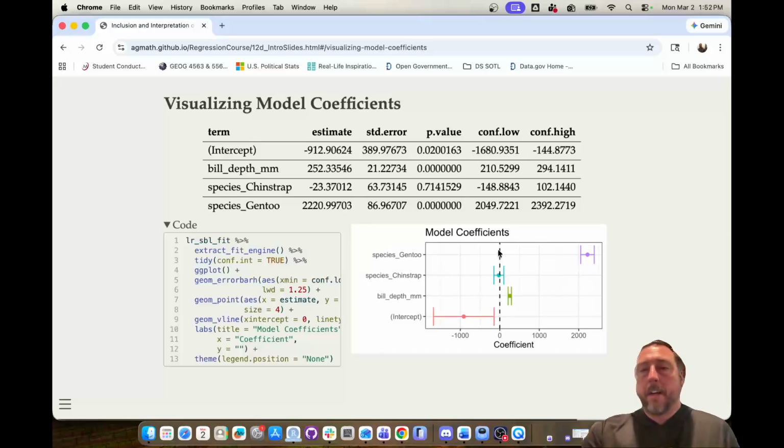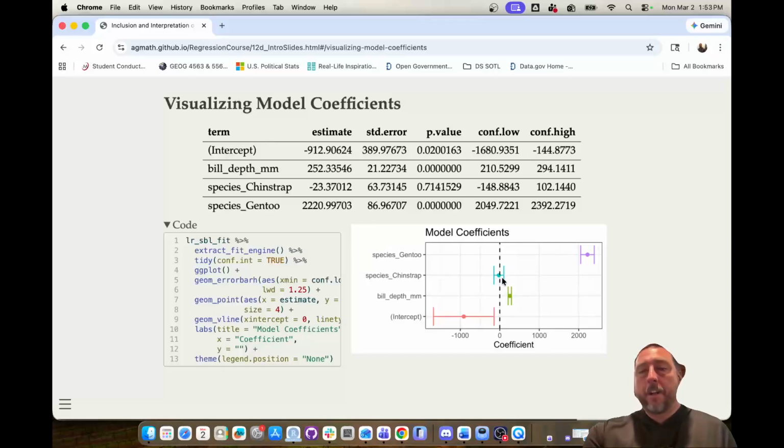So here we've got a picture of the model coefficients. We can see that the coefficient on the Gentoo species is very large, and it doesn't overlap with 0 at all. The coefficient on bill depth is not as large, but its confidence interval doesn't overlap 0 either.